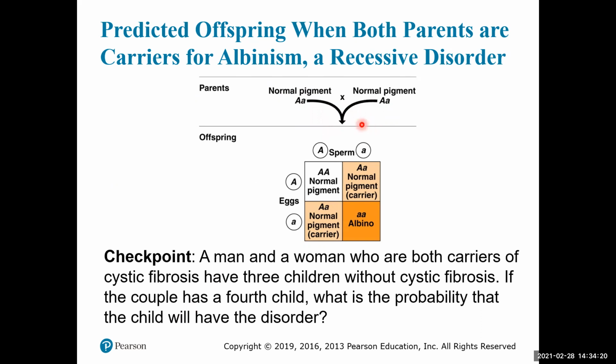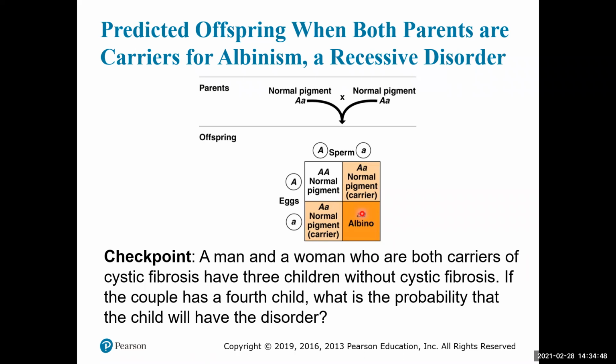And if they have children, 1 out of 4 children will have normal pigment and be homozygous dominant, so they will not be a carrier. 2 out of 4 children will have normal pigment, but they will be heterozygous. They will be a carrier. And 1 out of 4 of their children will be albino, so they will have the albinism trait, and they will be homozygous recessive.